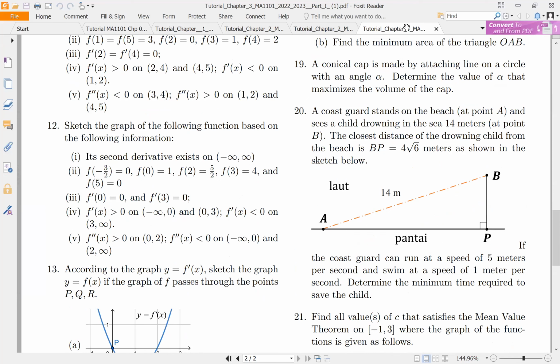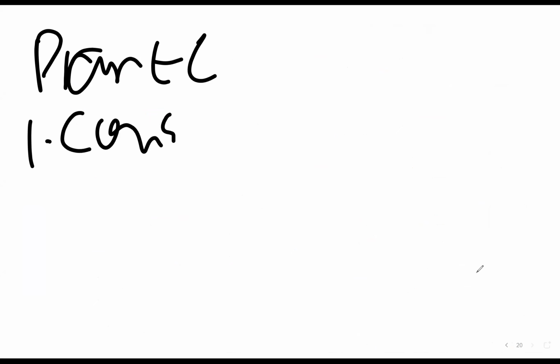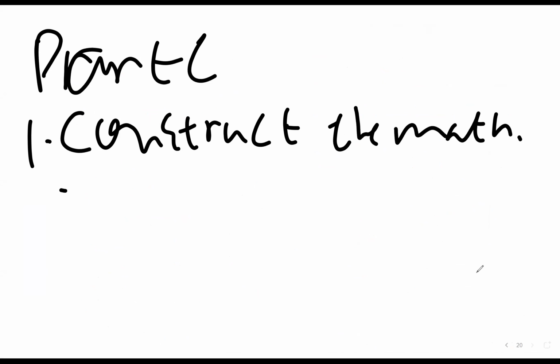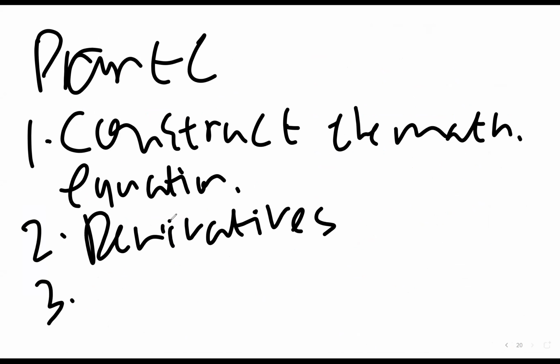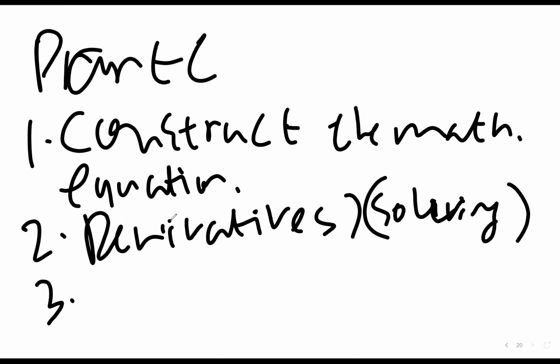So the basic idea is that you have to construct the mathematical equation, and then using the concept of derivatives, solve the equation in terms of the derivatives or related rates, and then give the conclusion.